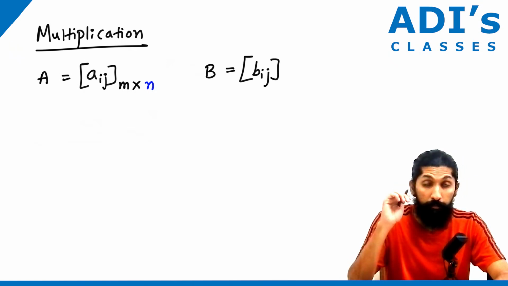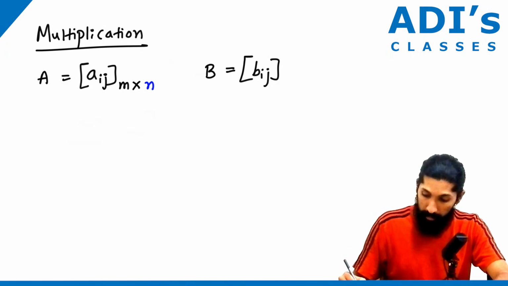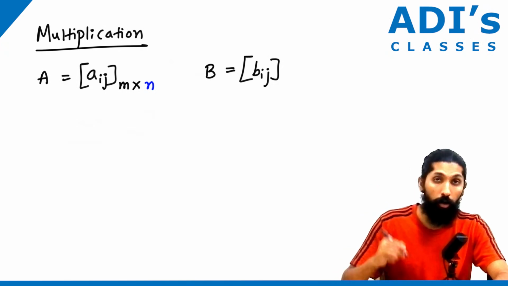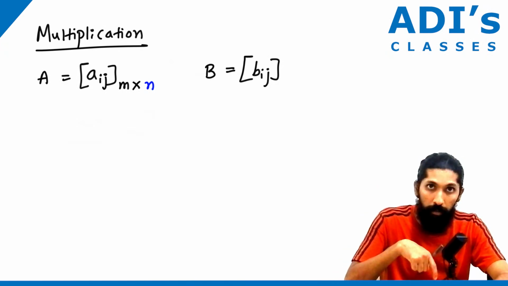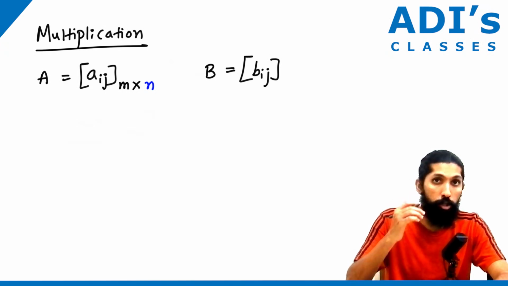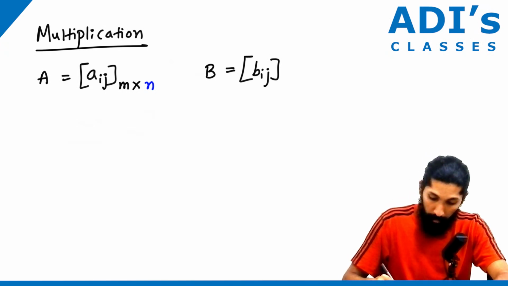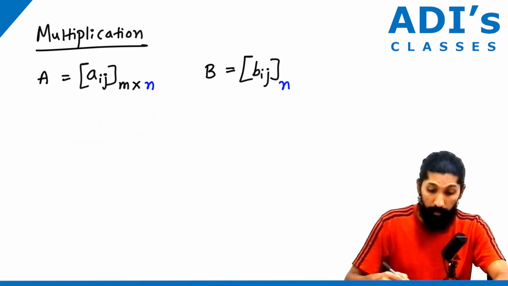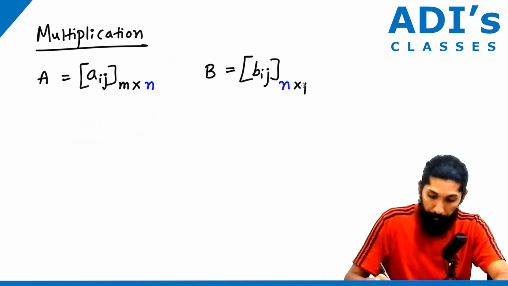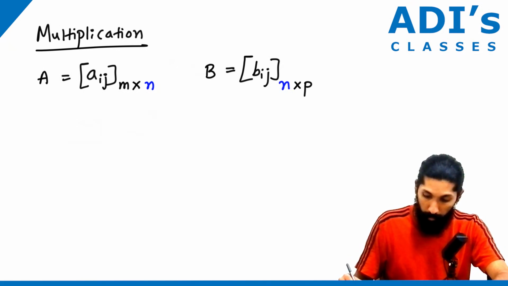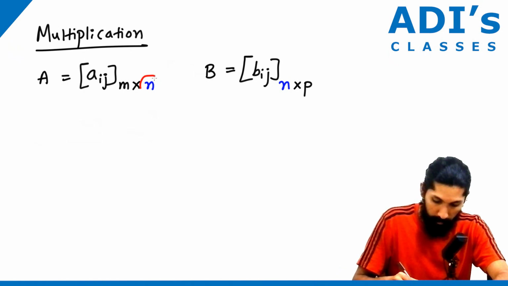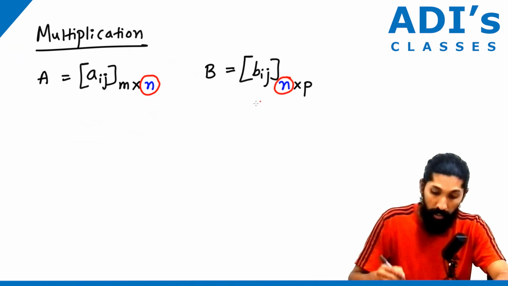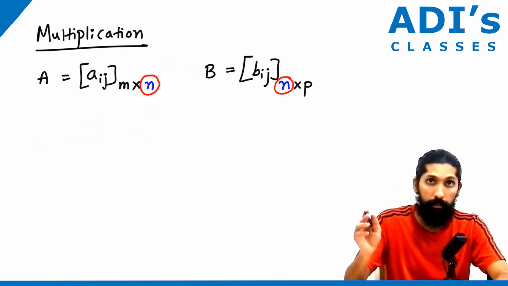a very important factor is that the number of columns of matrix A must be equal to the number of rows of the second one. So the second one will be n cross p. This value must be the same.